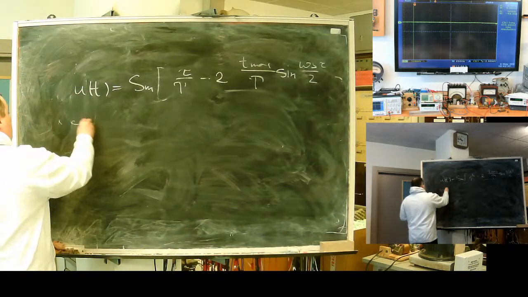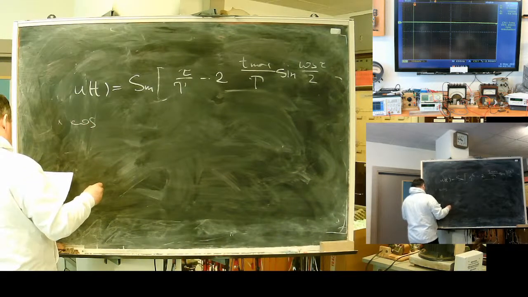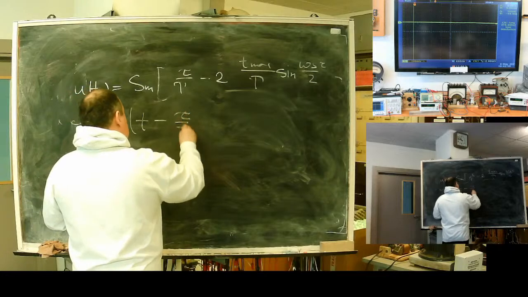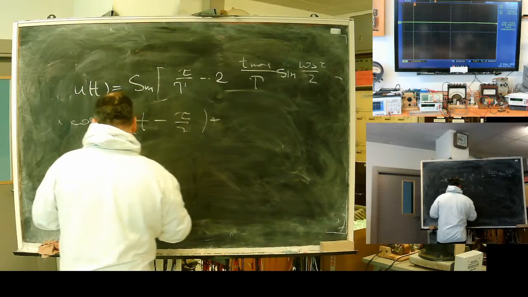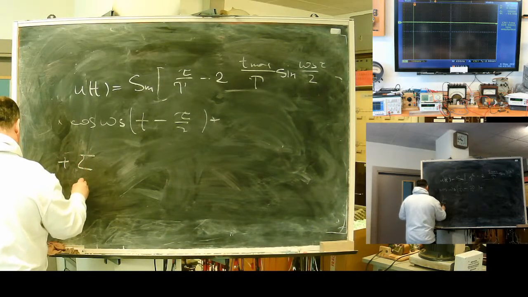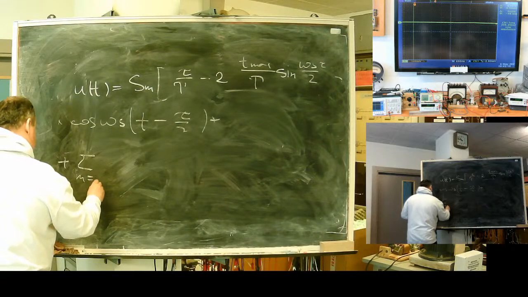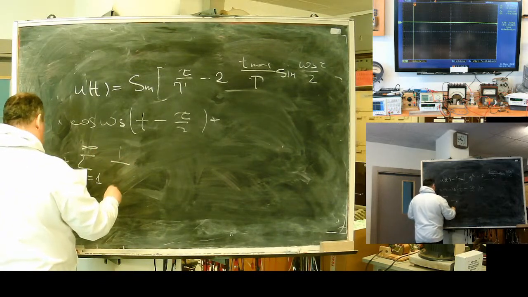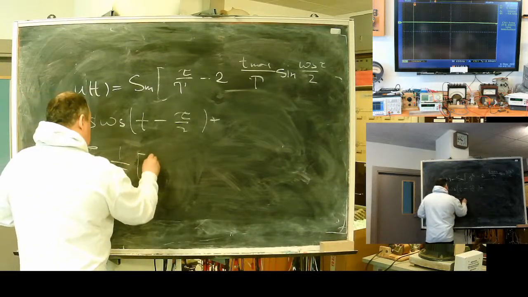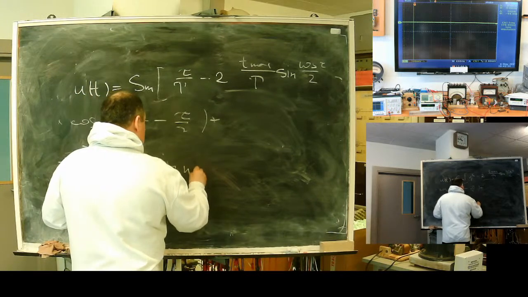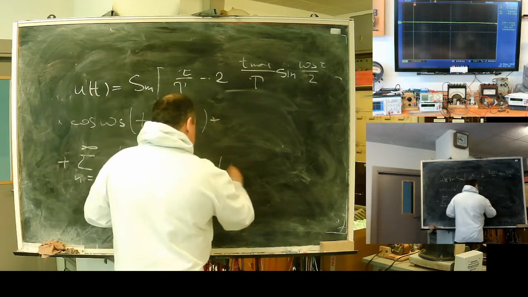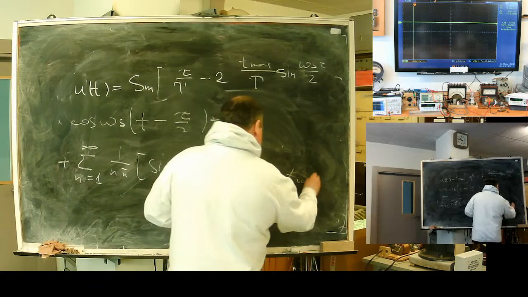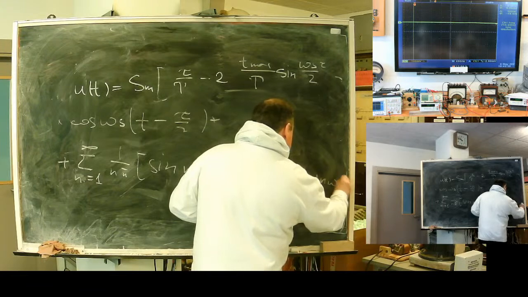This must be multiplied by cosine of omega signal time minus tau by half, plus the sum for n from 1 to infinity of 1 divided by n pi multiplied by sine n omega I t plus tau by half minus Tm sine omega s t.